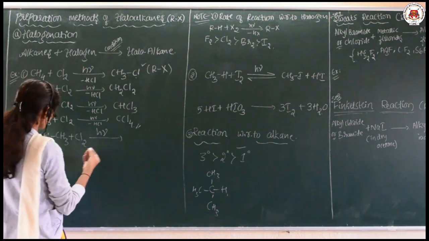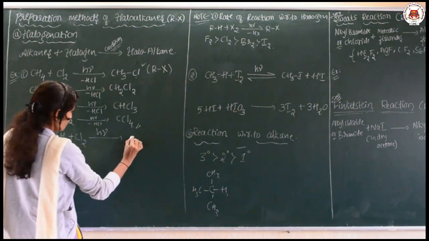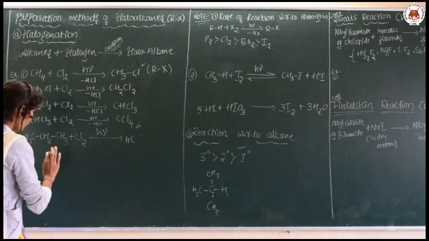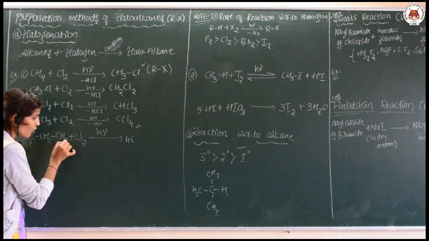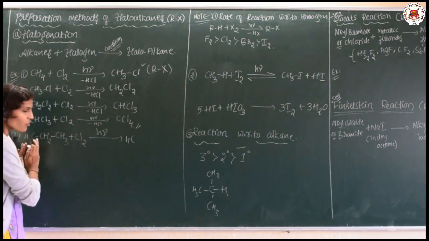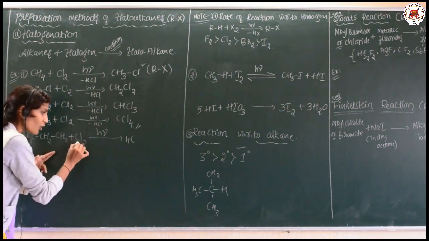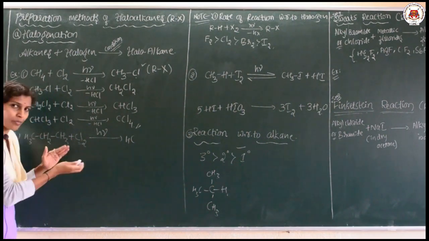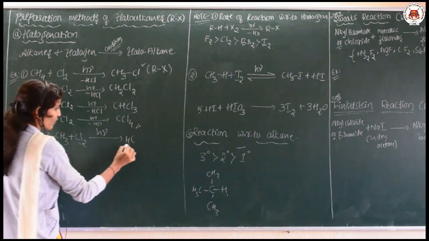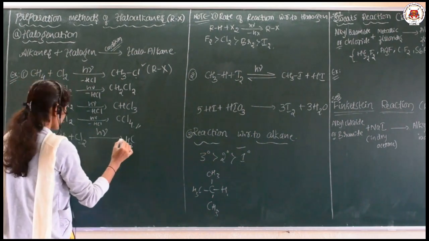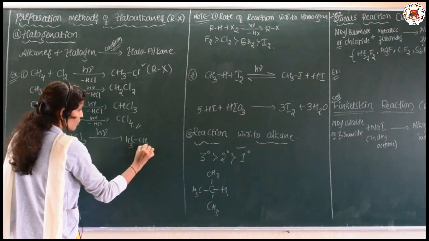Let me write here, CH3, just look at this one. Suppose one of the H from this compound has to be removed, and one Cl from this Cl2 must be added. So there are 2 types of possibilities. First one I will write here, CH3, CH2.